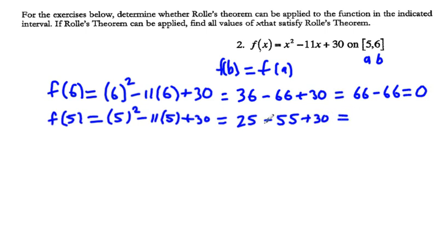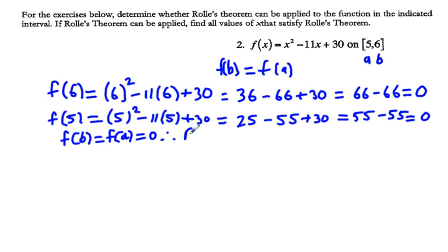Well, 30 plus 25 is 55, so we have 55 minus 55 equals 0. So we do have f of b equals f of a equals 0. Therefore, Rolle's theorem applies.